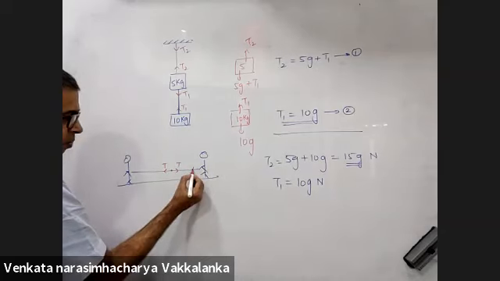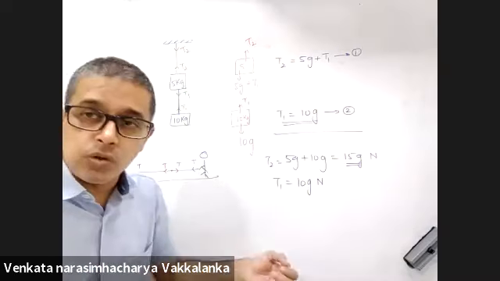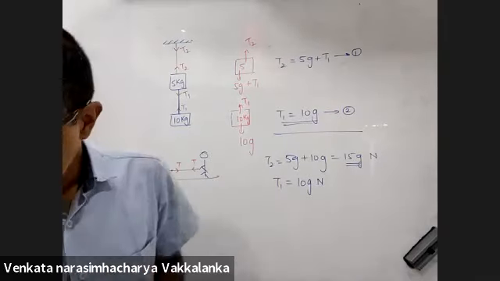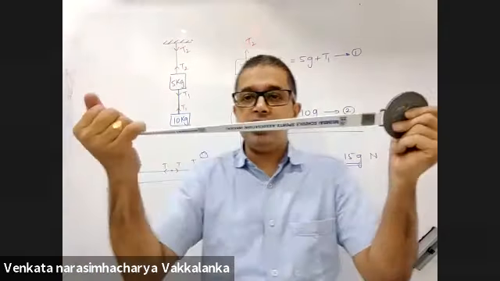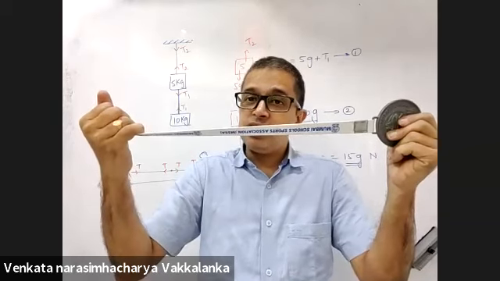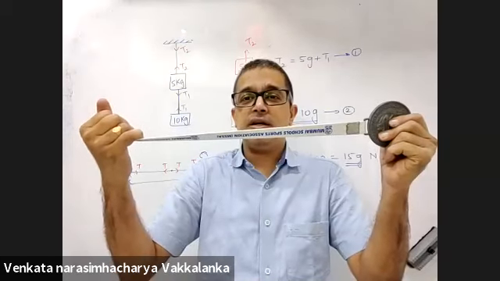With respect to this man, tension is away. Tension is away. It always pulls. If you are holding this and pulling this way, my right hand is being pulled by the string. My left hand is also being pulled by the string.